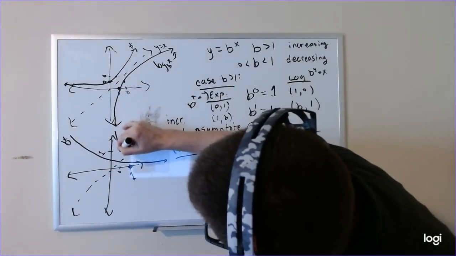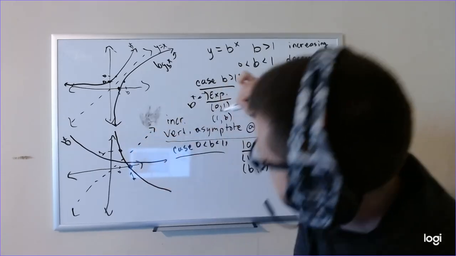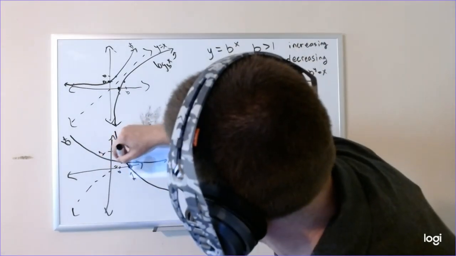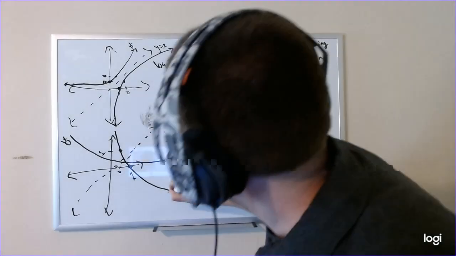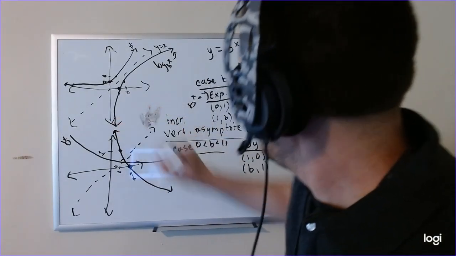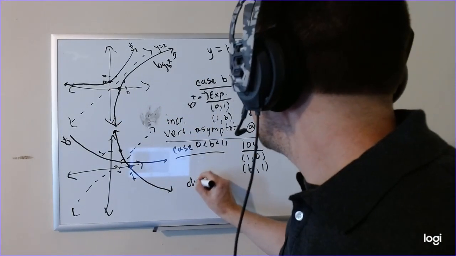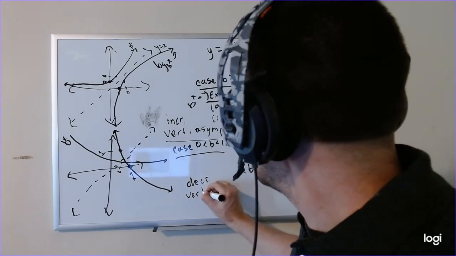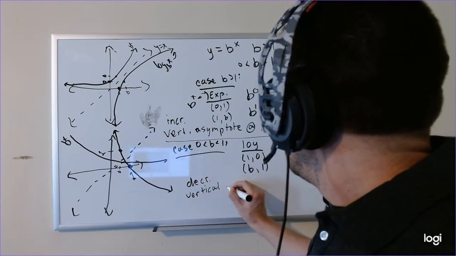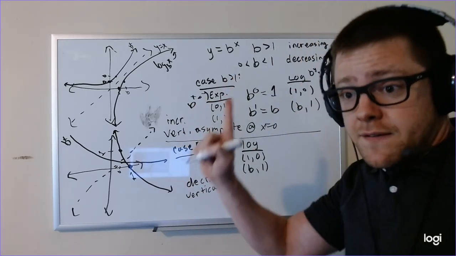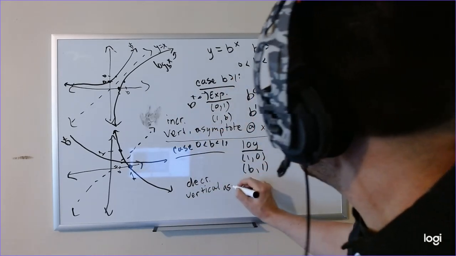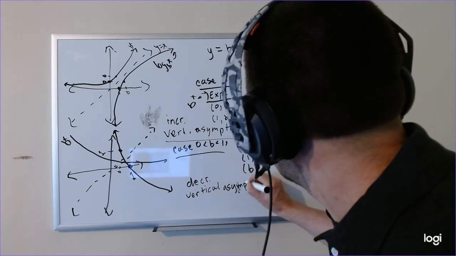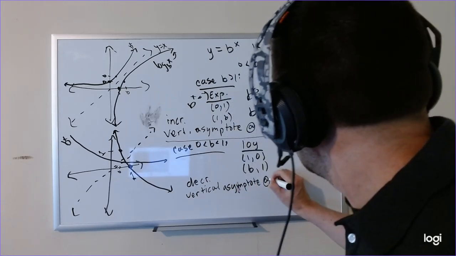And it's going to come down and go like that. It's supposed to cross right there, but I hope you get the idea. And notice here we are decreasing, and we again have a vertical asymptote, but this time it's going to positive infinity. A vertical asymptote at x equals 0.